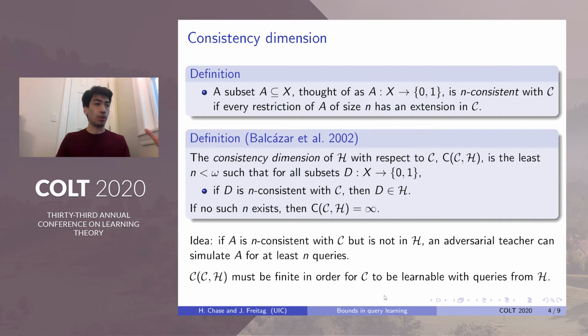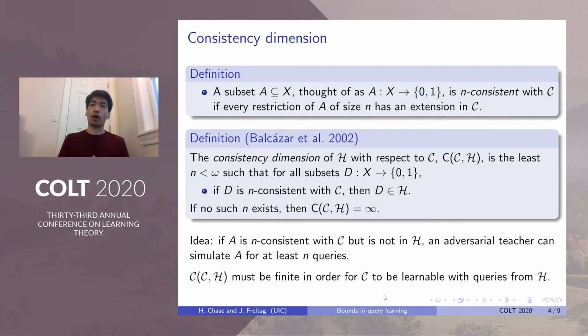And if we submit an equivalence query, we can find a counterexample by comparing the query that we've made with A. Because A is not in H, we know that A hasn't been submitted as a query. So an adversarial teacher can simulate A for at least n many queries, and it'll take at least that many queries to identify a target.